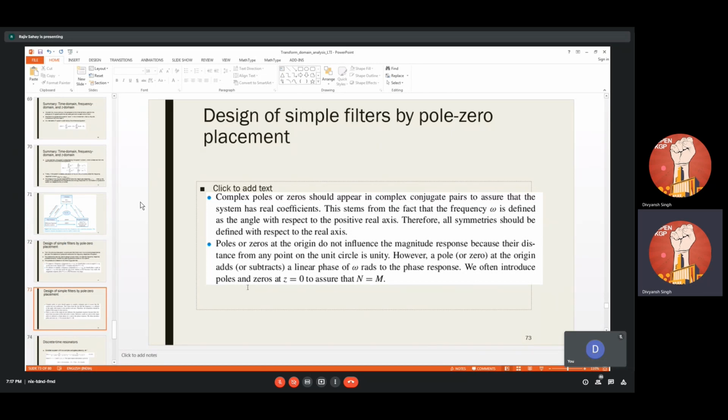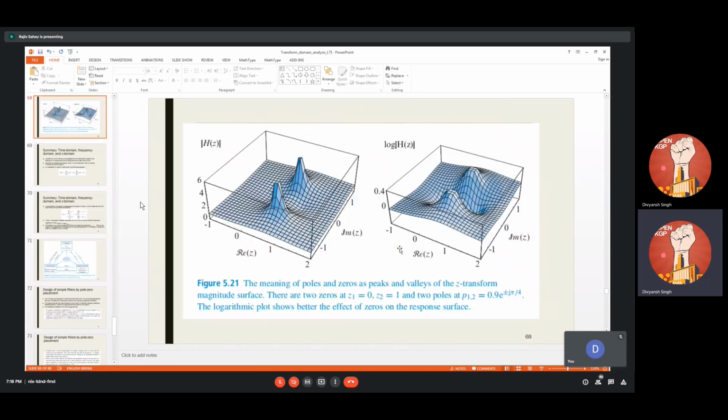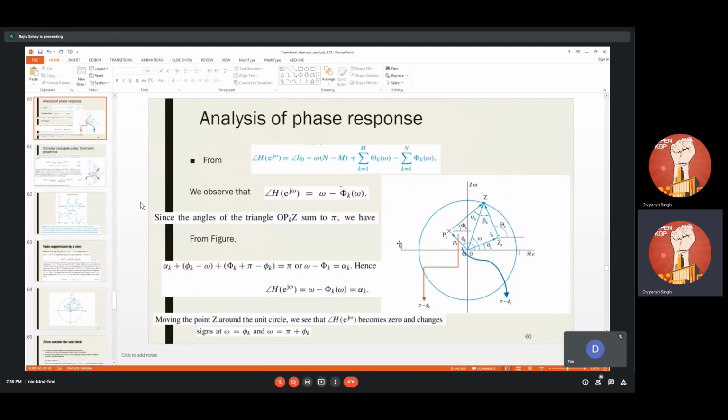So we generally introduce poles and zeros at z equal to 0 to assure that capital N is equal to M. So you see we had a term omega into N minus M. We had this term.